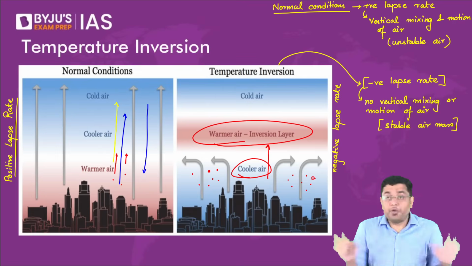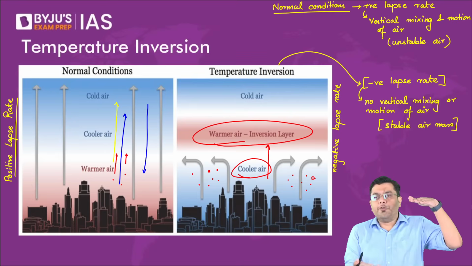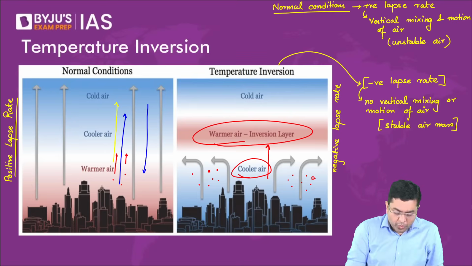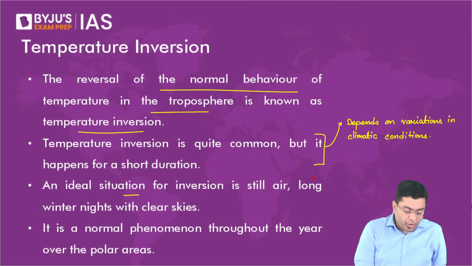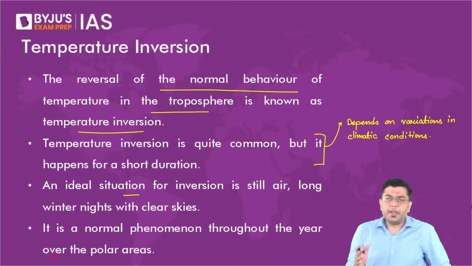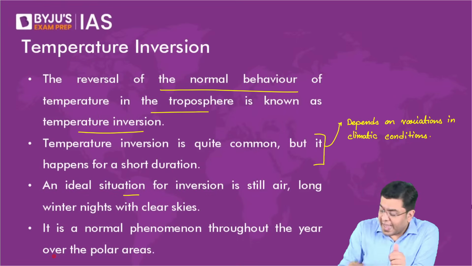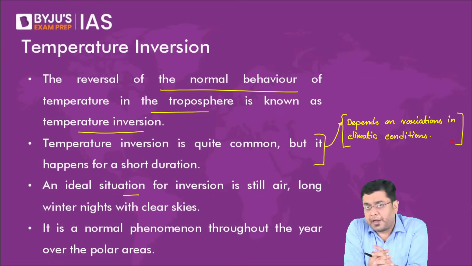Why it happens, we have not covered it yet. We will cover why this condition happens where the warm air is above and cold air is below. When does it happen, or why does it happen? Just before that, let me tell you that this temperature inversion can happen because of variations in climatic conditions at various different latitudes.